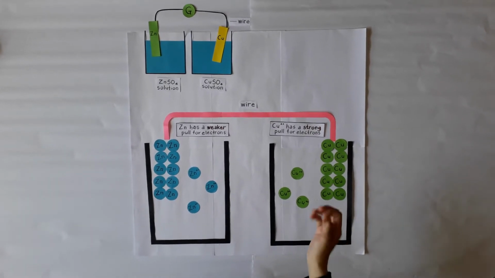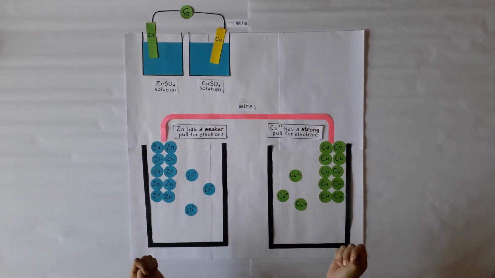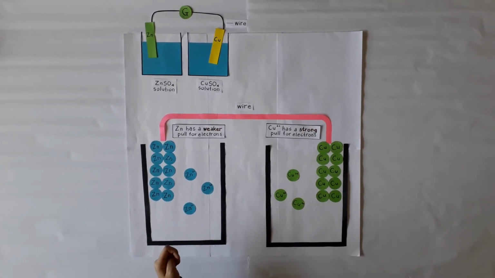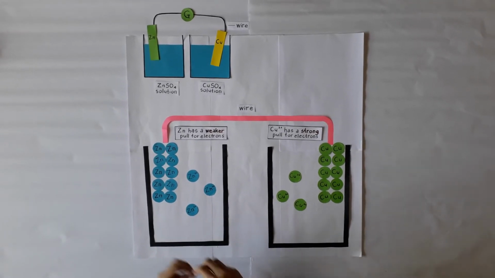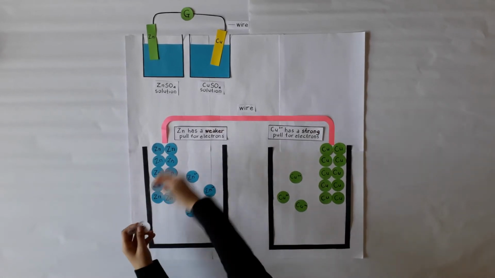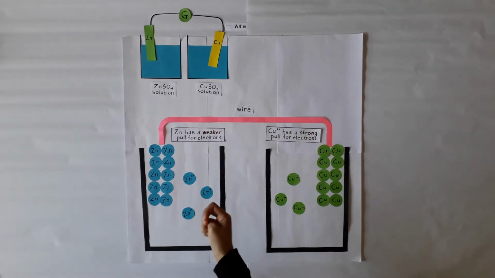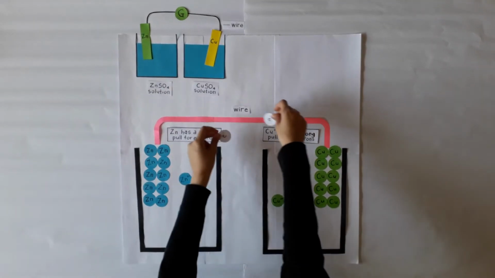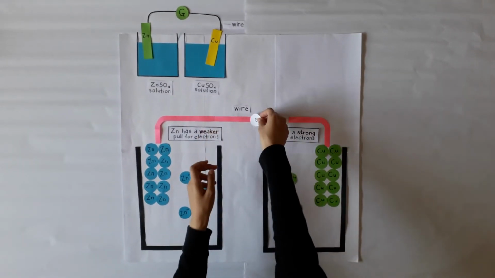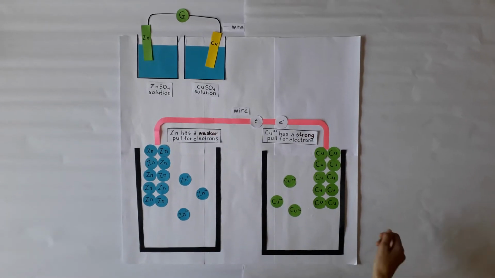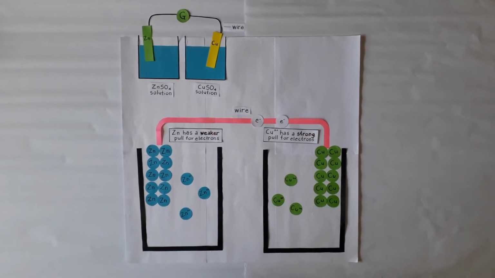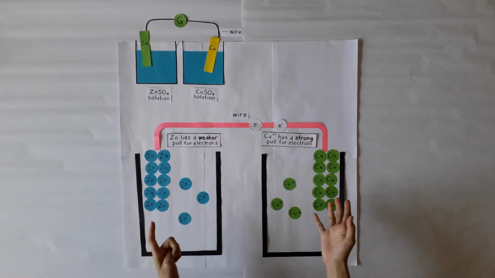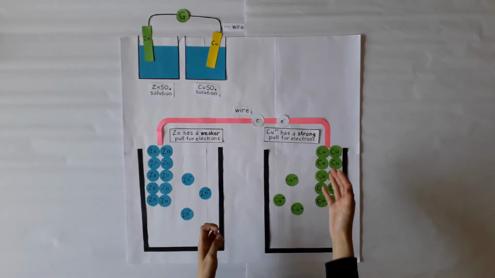Let me show you how this happens. Cu2+ really wants electrons. So it's kind of like it calls over to zinc, which has a weaker pull on the electrons, and says, "Hey zinc, give me some of your electrons." And zinc is kind of weak, so it's like, "Oh, okay." Let's say this zinc atom gives away 2 of its electrons, and these electrons enter the wire and move towards the copper.